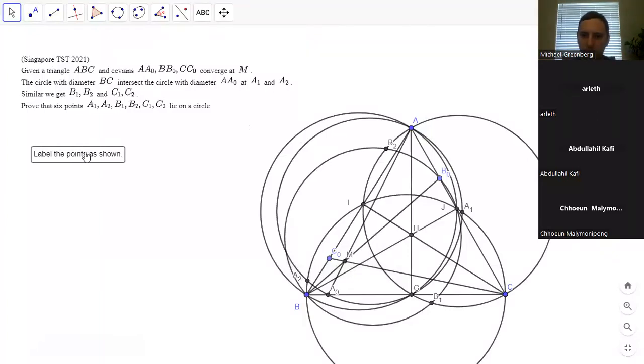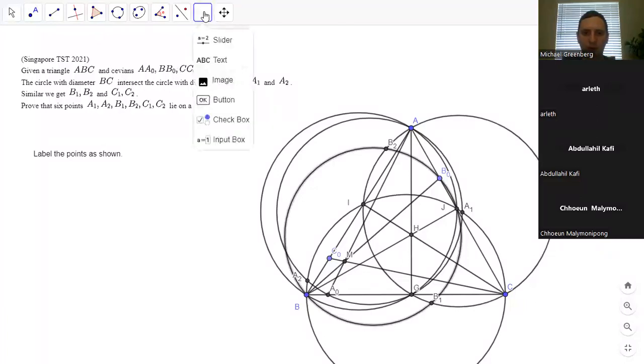So first of all, we want to show H lies on the radical axis of these 2 circles. So for this one, BH times HJ is the power of it with respect to that one. And AH times HG is the power with respect to that one, but those are equal.